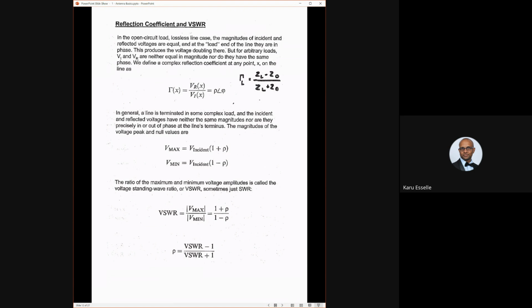Anyone wants me to go through this? I will go, even for one person. I think you can go briefly. Okay, go briefly, right? Because you can find all these things in RF handbooks, RF textbooks. I will go very quickly.